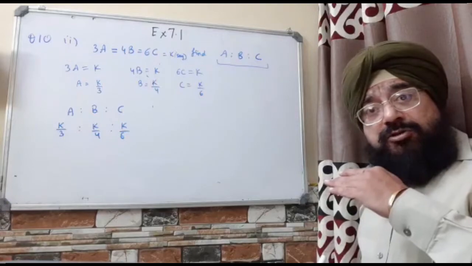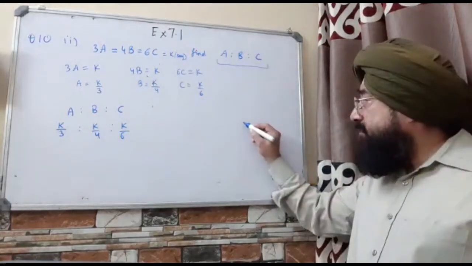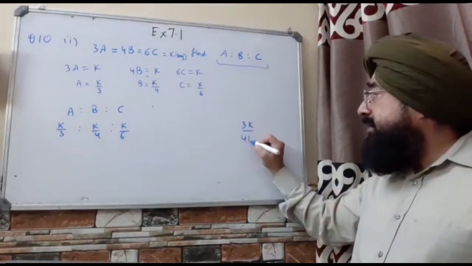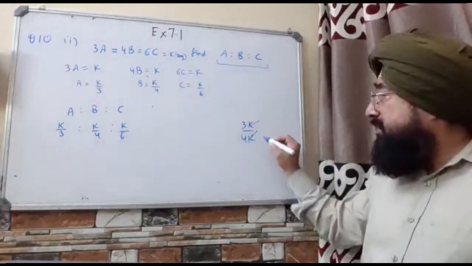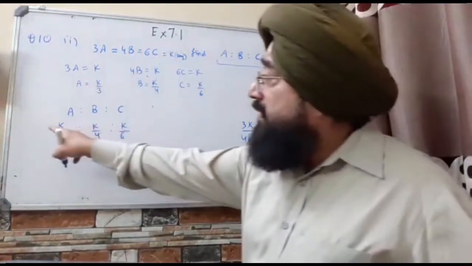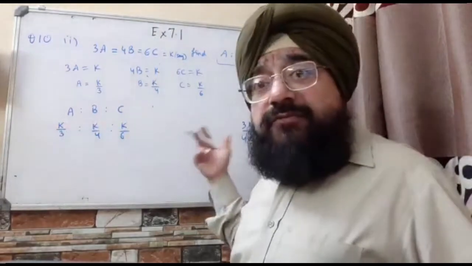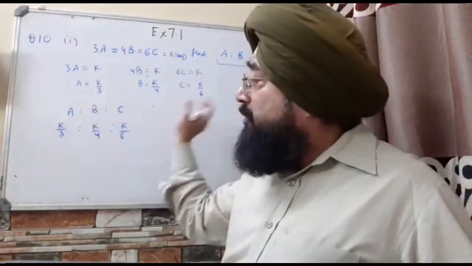You can divide throughout by K. Like if we have 3K over 4K, you can divide throughout by K, or you can cancel K. So this 3K over 4K is nothing but 3 upon 4. Likewise, you can divide throughout by K. If there are 3 terms, 4 terms, 5 terms, as many terms as having K in them, you can remove them.